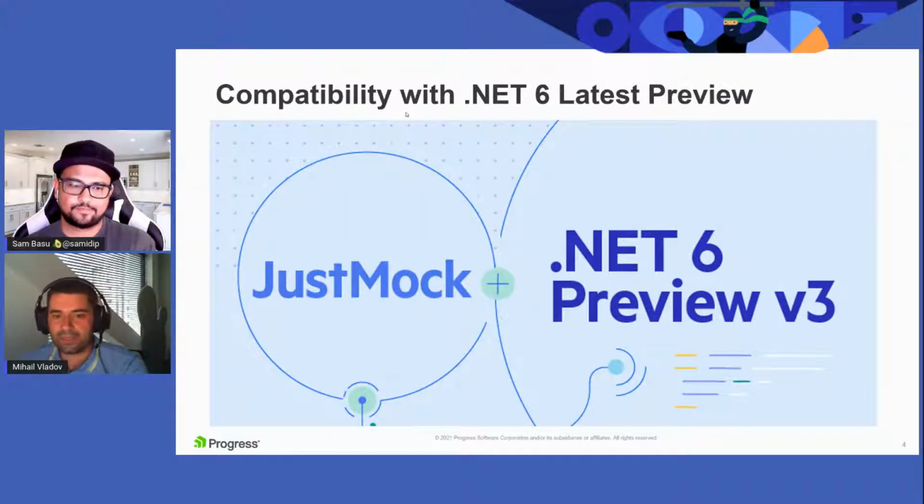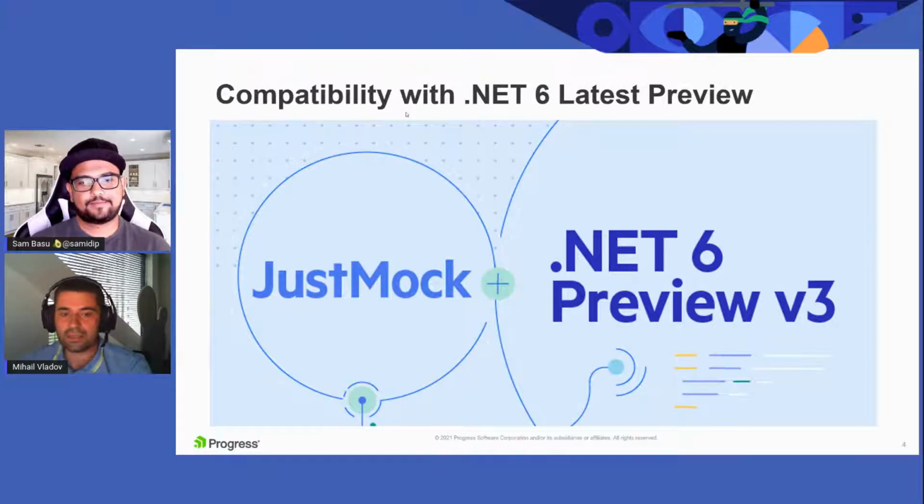With that, we can claim support for that version. We will continue to do that, and I am 100% sure that we will support .NET 6 when it is officially released. No, this is big because we are just talking about it.